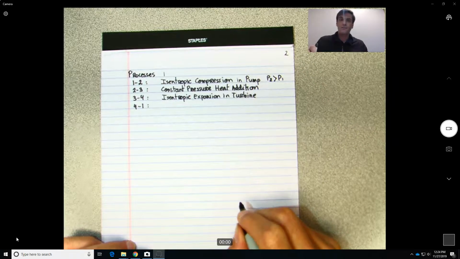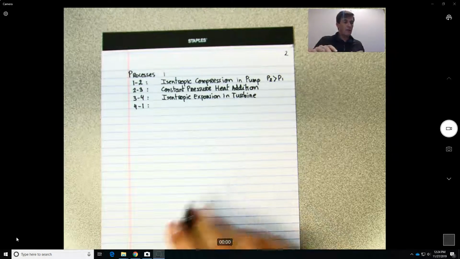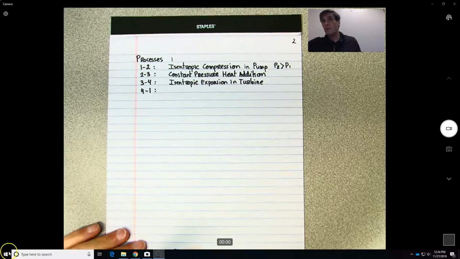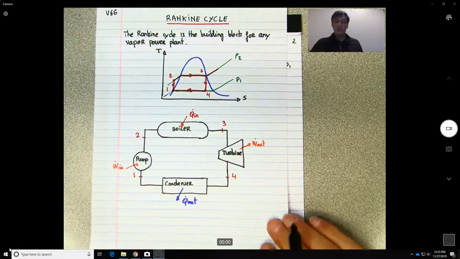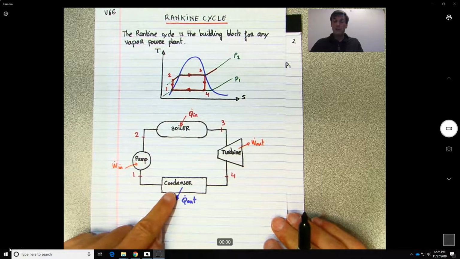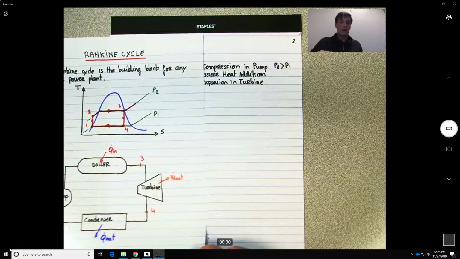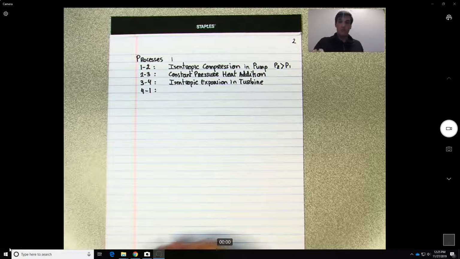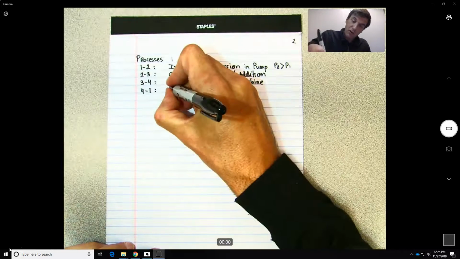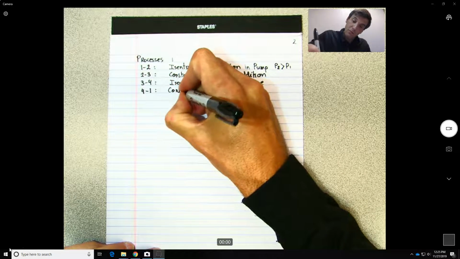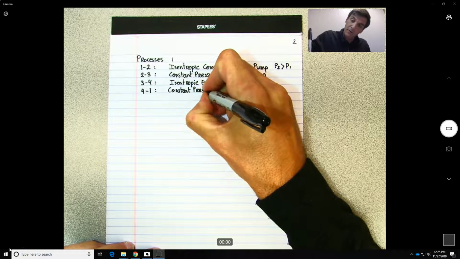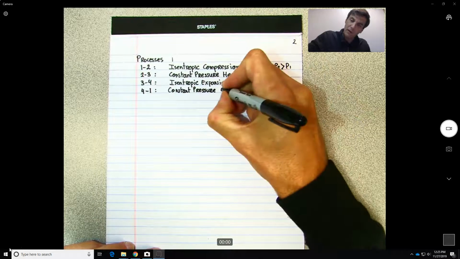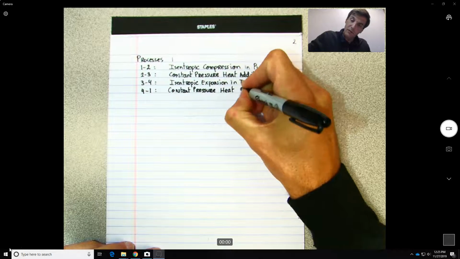And finally, for the process 4 to 1, what are you doing? You heat rejection, if you want, in the condenser at constant pressure. So if you want, will be constant pressure, heat rejection.